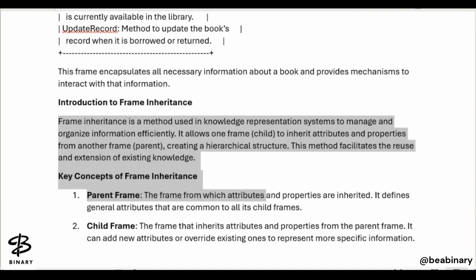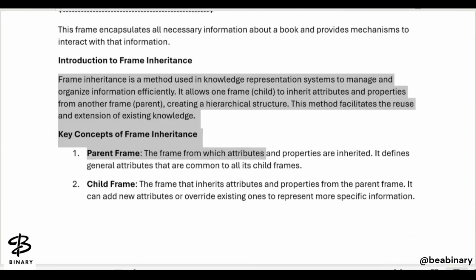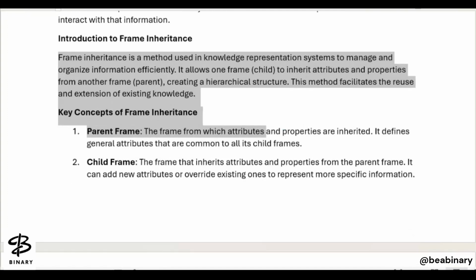Simply, a parent frame and a child frame. What is a parent frame? The frame from which attributes and properties are inherited. It defines the general attributes that are common to all its child frames. Simply, a person can be a parent class, and let's take the example of a university management system.